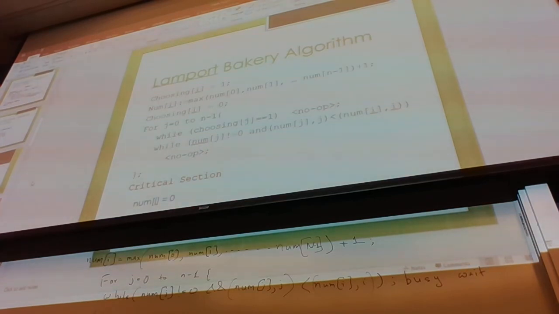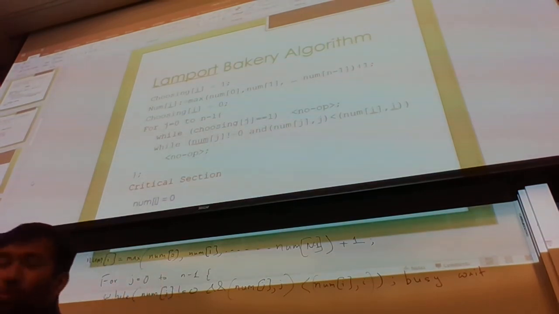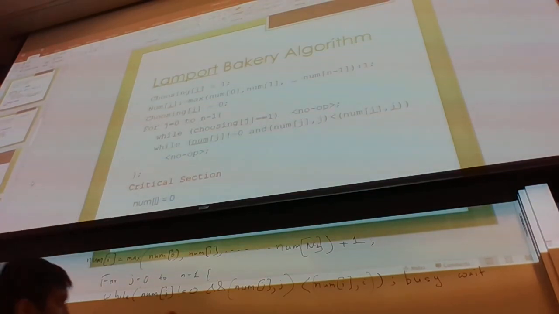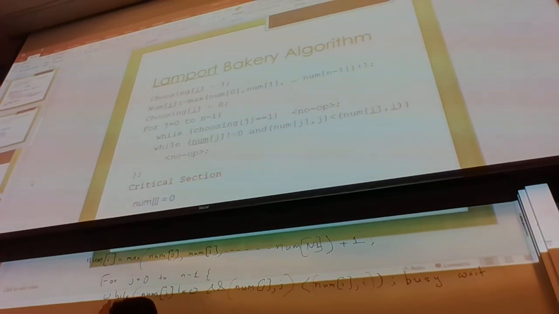They will not, because let's say process 3 ran first. So num 3 is 1. Now let's say process 1 came in. What will be its num? 2, right? So it will look at all the processes.